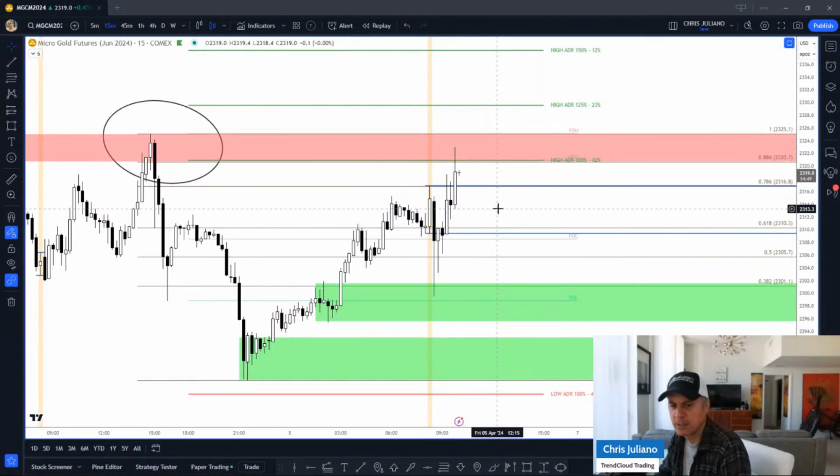It's the same thing. Maybe you run 3 miles and then you walk back home because that's your routine. Well, that's what price does too.